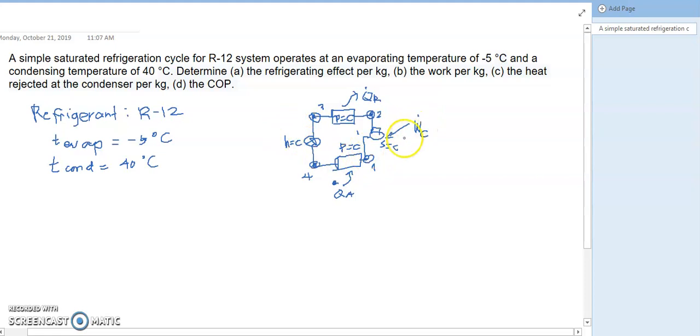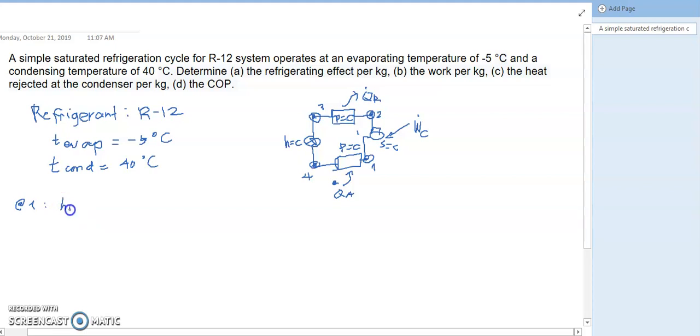Since we need the table, I will look at point 1. At point 1, this is the suction of the compressor, or exit of the evaporator. Ideally, at point 1, the condition is saturated vapor.